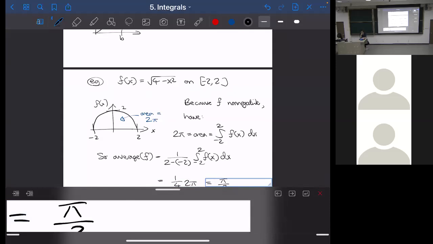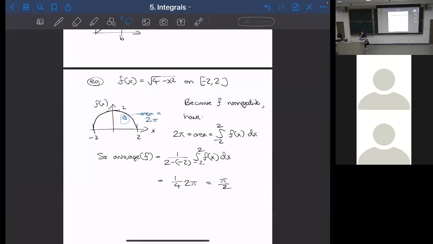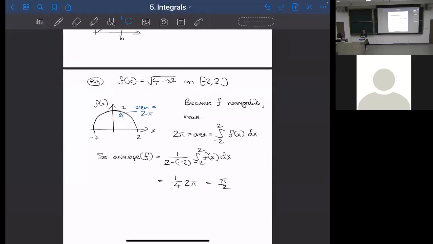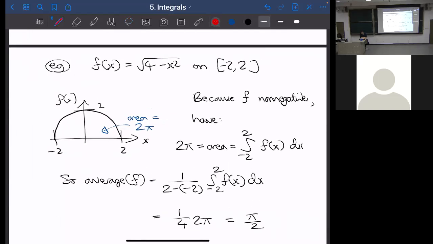So the average, let me draw it in. The average is what? 3.1 something over 2 is 1.5 something. So actually, let me bring this back down. So the average, if this is 1, is something like this.